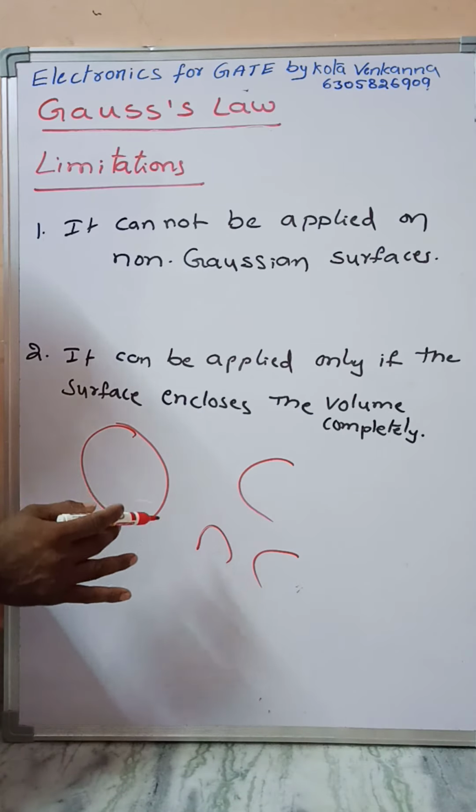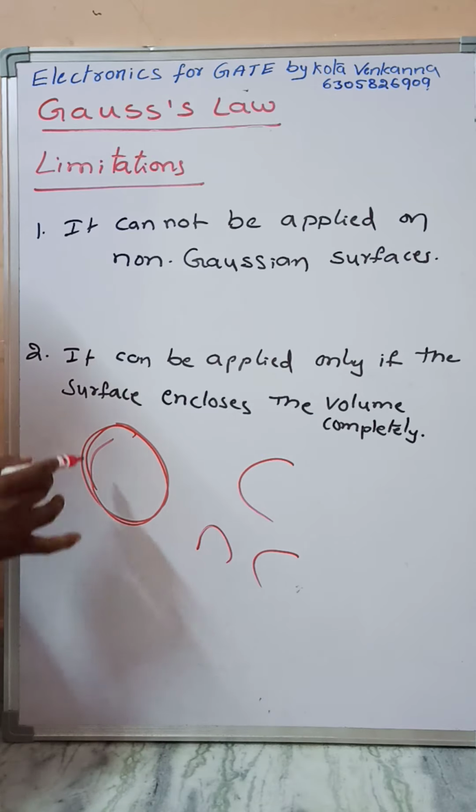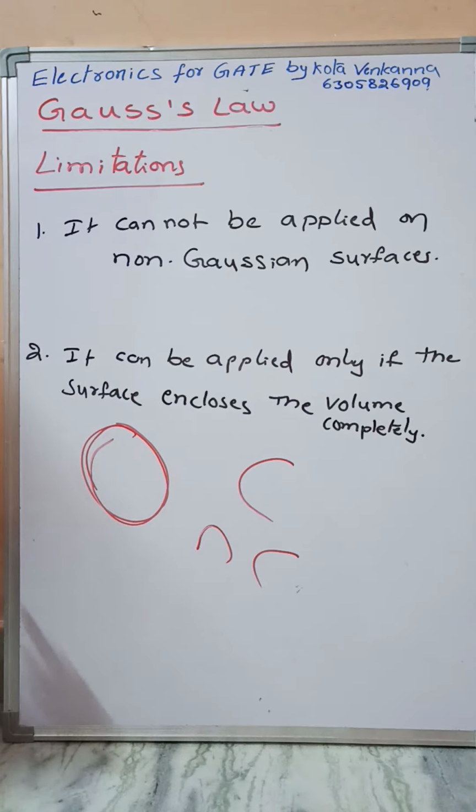So Gauss law is applied only if the surface encloses the volume completely, and it is not useful for non-Gaussian surfaces. So these two are the limitations of Gauss law.